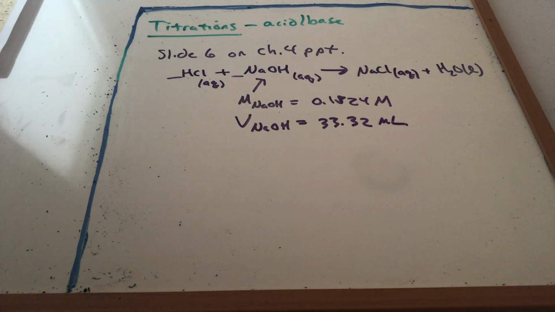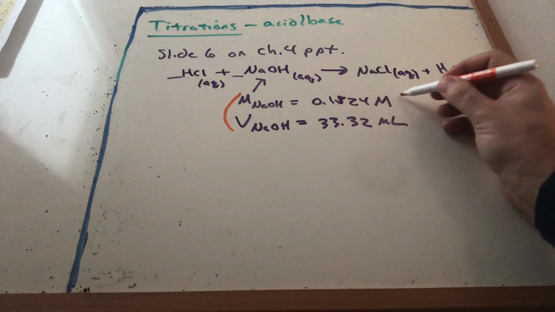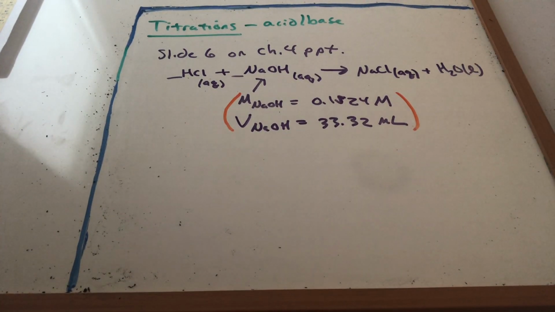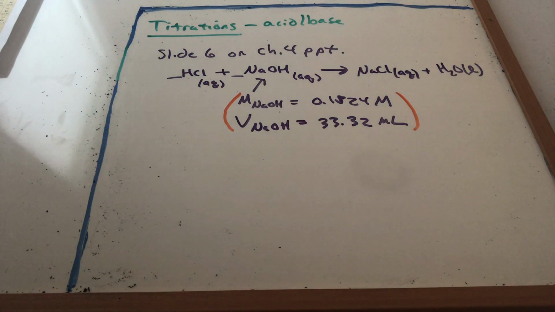When I was drawing that little picture at the beginning of this video, remember how I said one of the species will have a molarity and volume that we know? In this case, it's NaOH. So NaOH is our titrant. If I know molarity and volume, I know moles of NaOH.